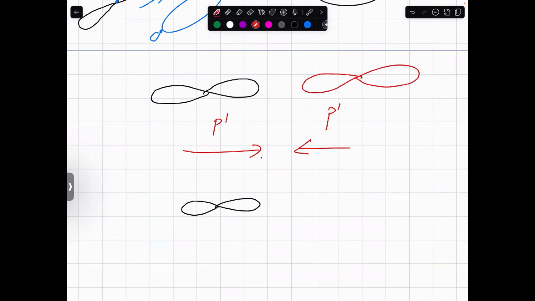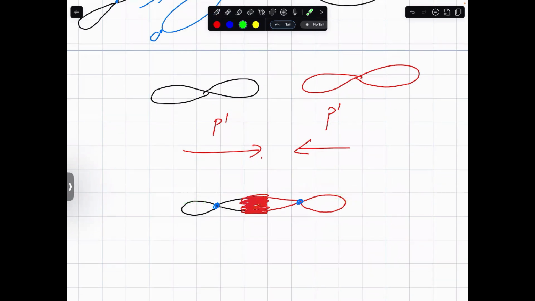Like this, and the other is like this. The shared pair is between the two nuclei. This is the region where the probability of electron is very large. The electrons are not going to this side, not going to this side.